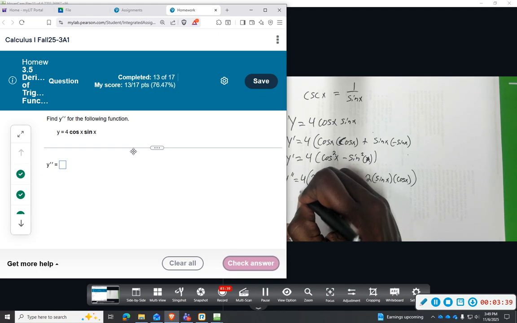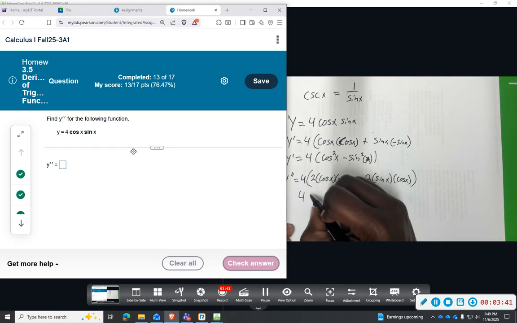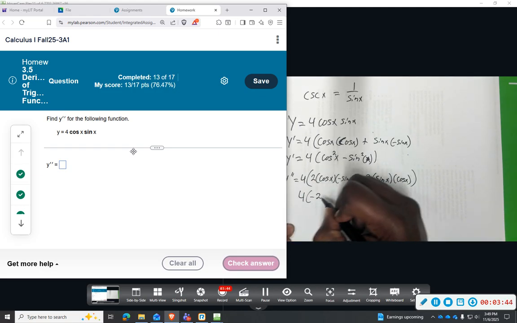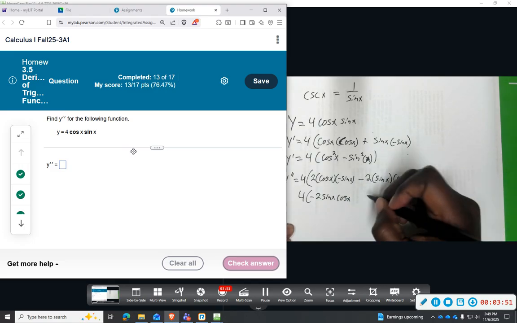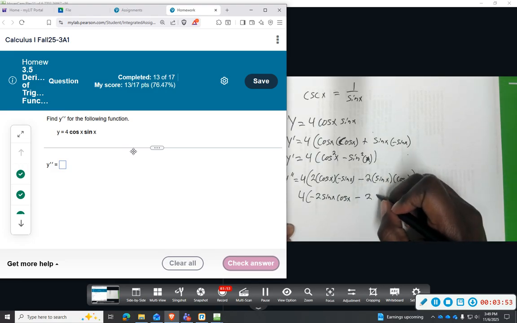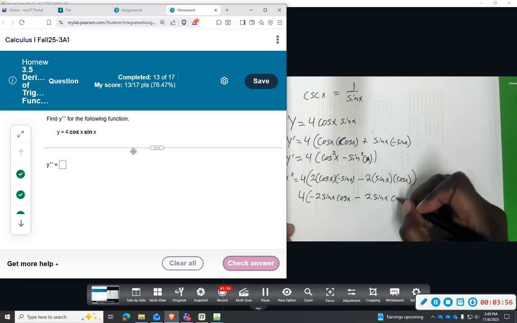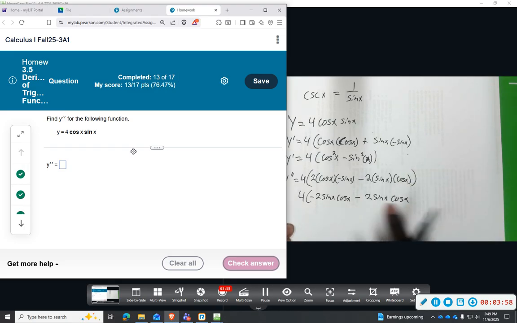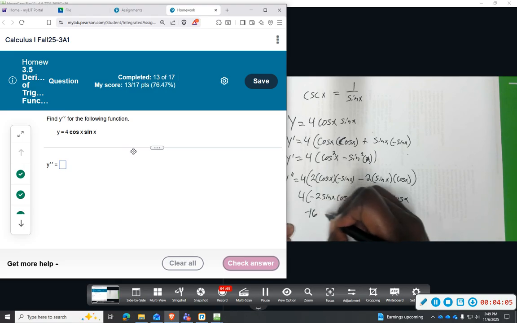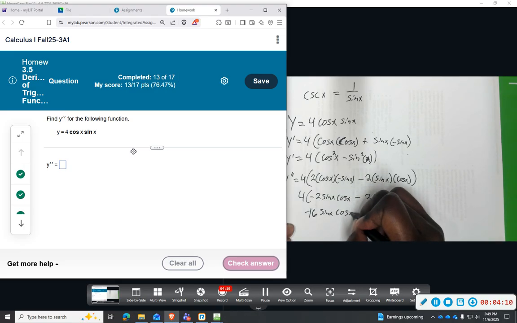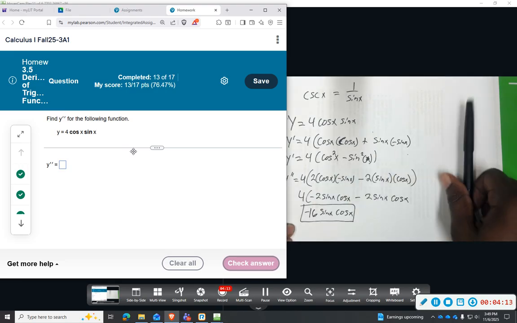So here we would have a 4, and this will be a negative 2 sine x cosine x, and then minus 2 sine x cosine x. So this is the same, so we'll just have a 4 times negative 4, that'll give us negative 16 sine x cosine x.